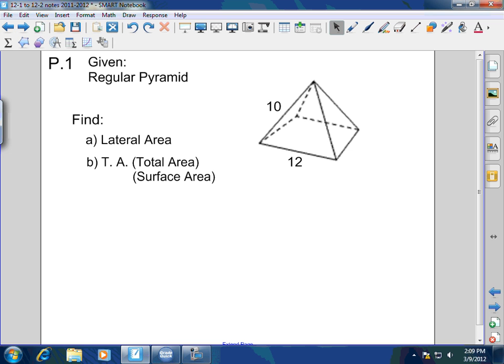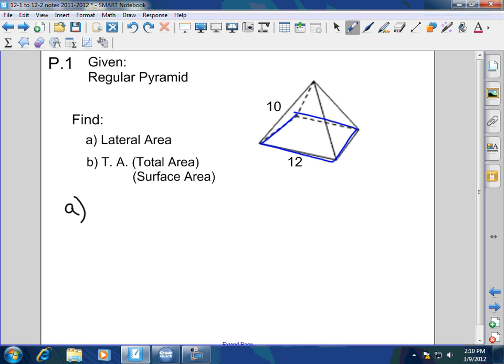Problem 1, given a regular pyramid. So what does regular pyramid mean? All the faces are congruent, and more importantly, the base is a regular polygon. So they want you to first find A, the lateral area, then B, the total area. Now, since it's lateral area, I cannot use a formula for this, unfortunately.